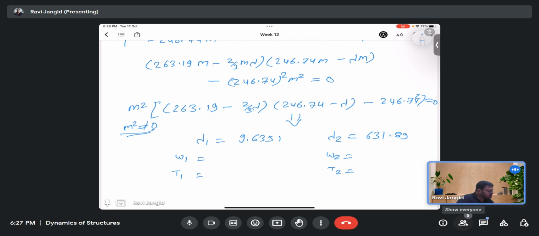So the omega 1 would be the square root of 9.6351. I am getting 3.104, and omega 2 from 631.89 I am getting 25.13 radian per second.